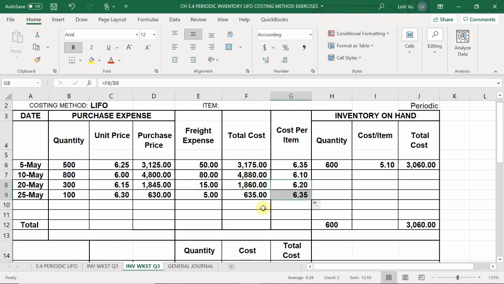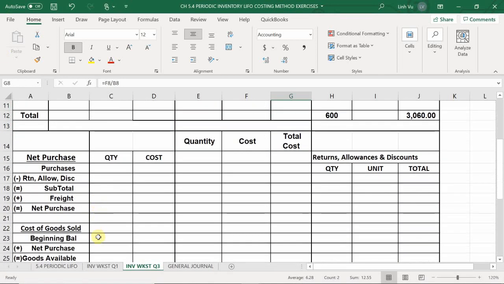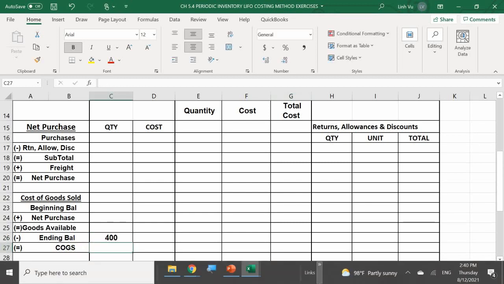Good. So once again, on May 31st, we have a total of 400 units left on hand. So there you go, plug in that 400 units.